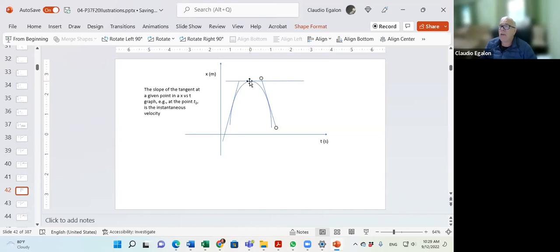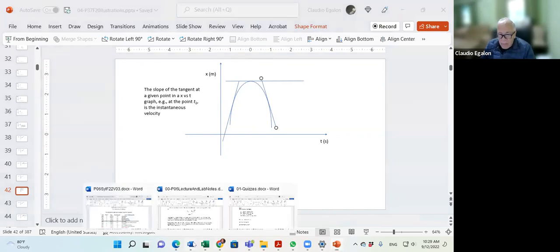Negative velocity means negative displacement. Negative displacement means that the object is moving in the direction contrary to the direction of the axis. It means that the object is moving downwards in this graph, right? That's what it means.